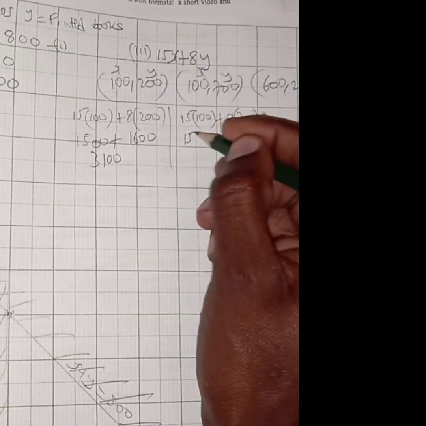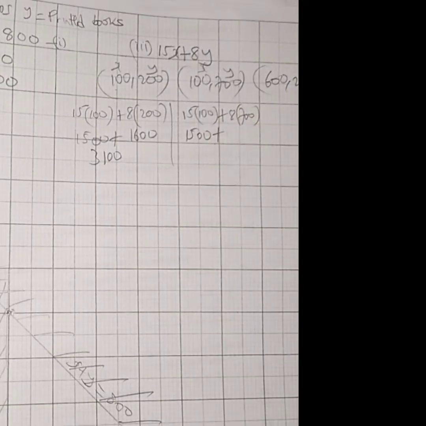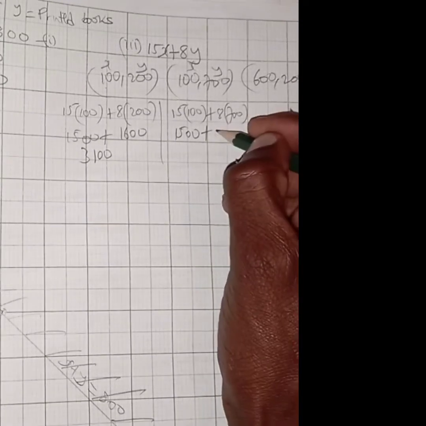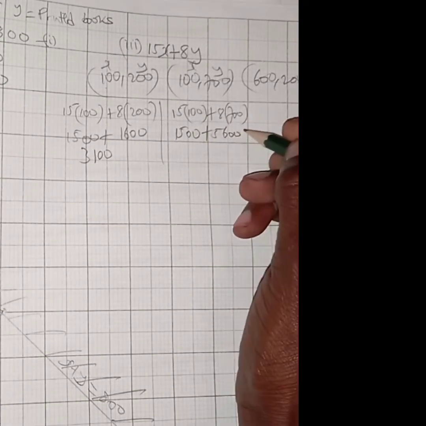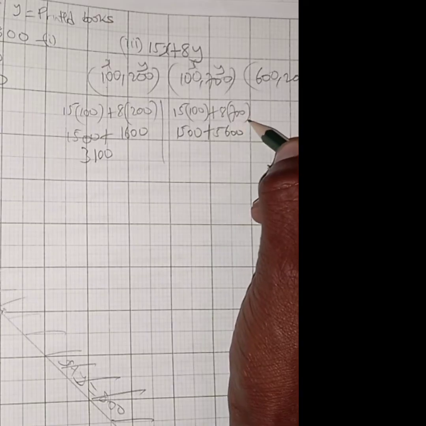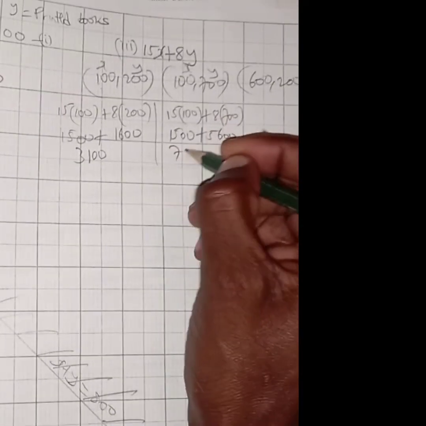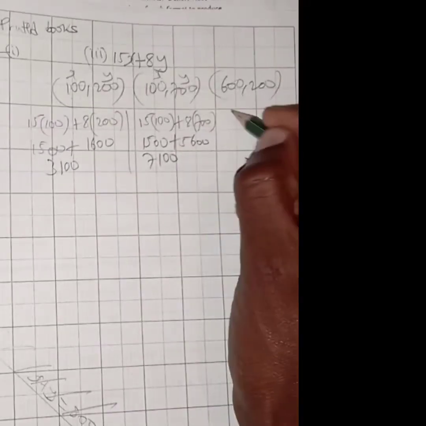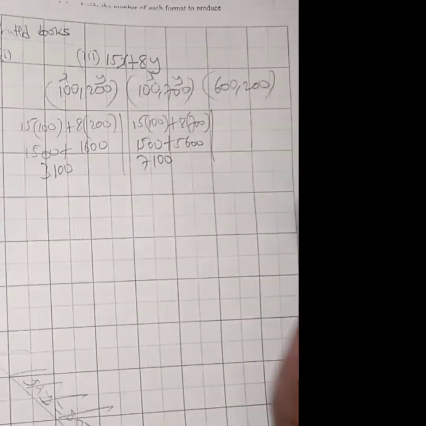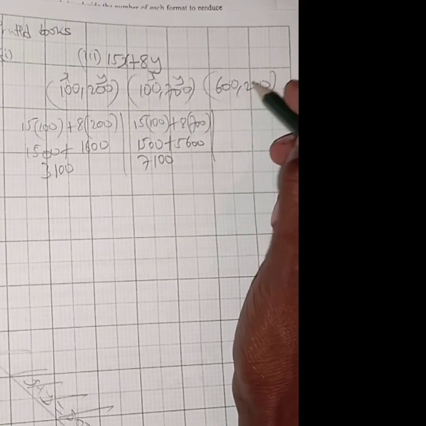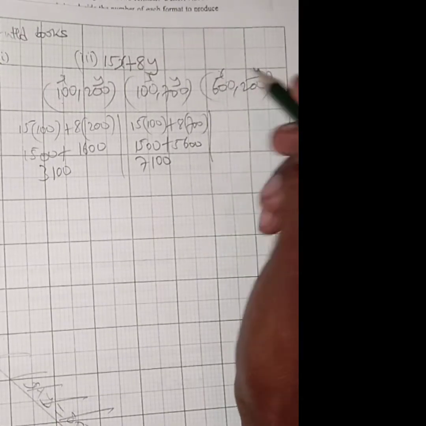So this will be 15 times 100 plus 5600 if you multiply 8 times 700. If you add it with 1500, you get 7100. We have remained with one part. We also replace, this is x, this is y value.